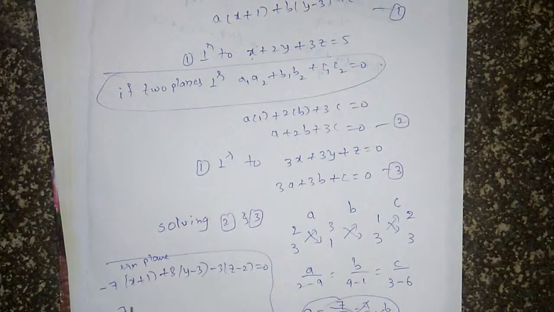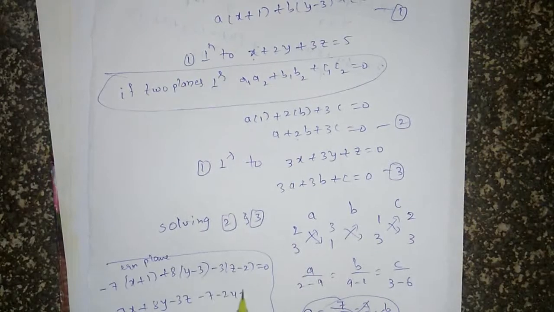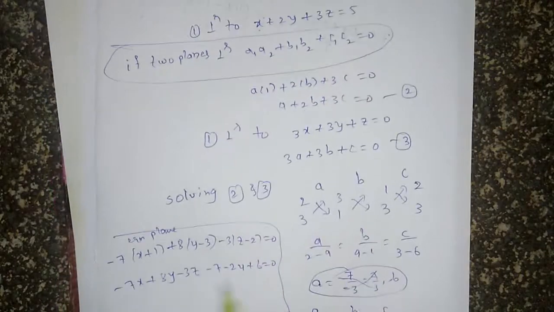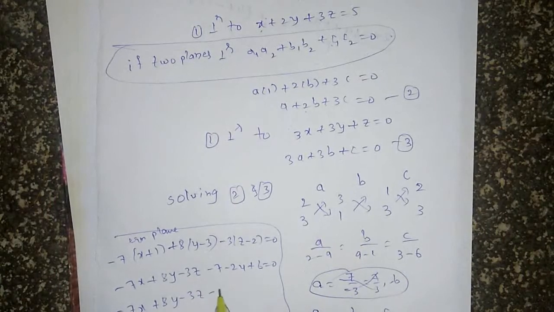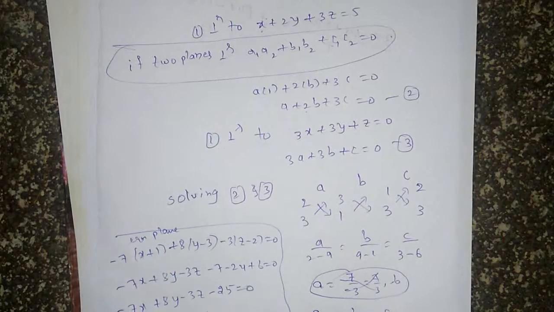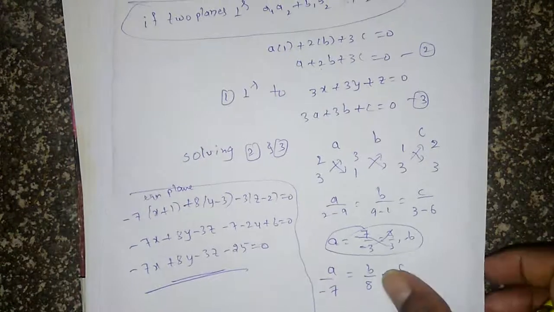If you simplify this, minus 7x plus 8y minus 3z minus 7 minus 24 plus 6 is equal to 0. That is minus 7x plus 8y minus 3z minus 25 is equal to 0 is the required equation of the plane.